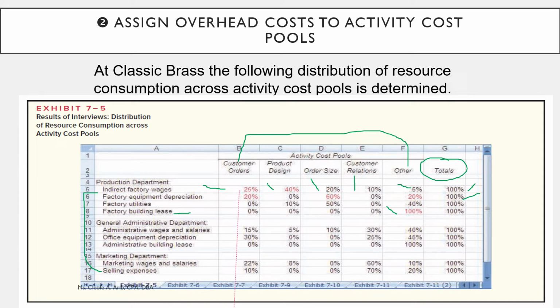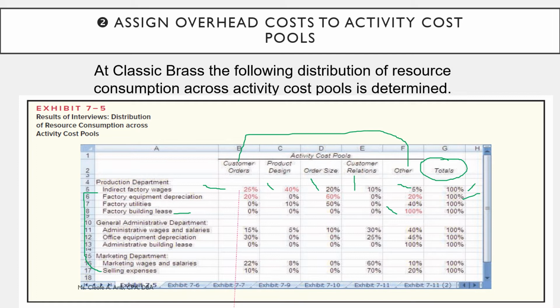So, the rest, nilagay na lang natin, may 15, 5, 10, 30, 40 for administrative wages and salaries, assuming yun yung result after interviewing those people behind administrative wages and salaries. So, yun yung first stage allocation natin.